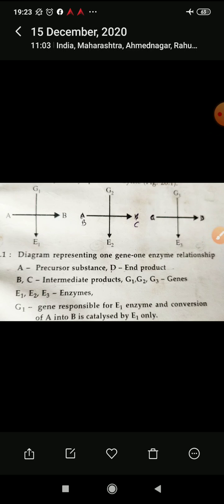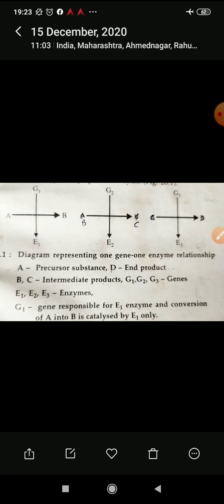Phenogenesis means the mechanism in which the phenotype of an organism is produced under the control of genes. So we know genes are responsible for the development of characters, also called a trait.